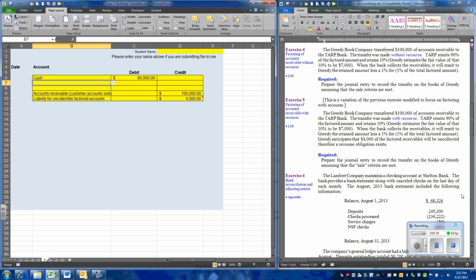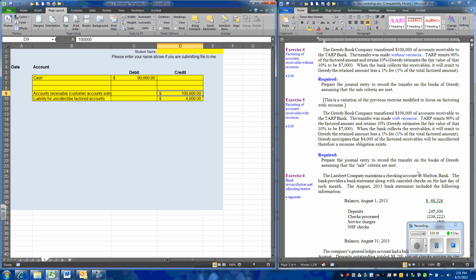Just like in the prior exercise, the bank gave the company 90% of the face amount of the receivables in cash up front, so the company received $90,000 in cash and gave up rights to $100,000 in receivables.